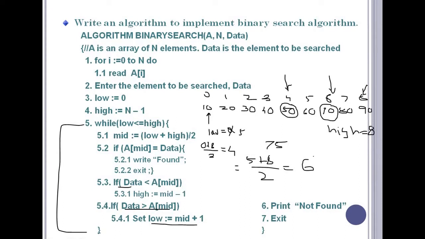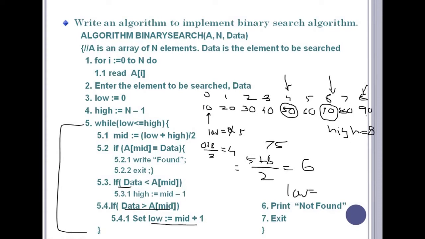In A of 6, the 70 is there, which is again not equal to 75, so I go to the next step. In the next step, I compare whether A of mid is greater than or less than the data. My data 75 is greater than A of mid, so the low is going to be mid plus 1.